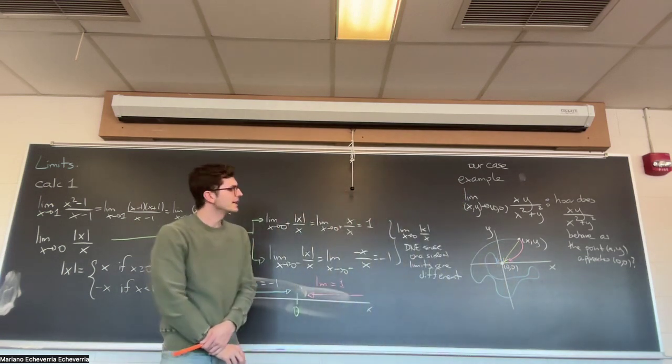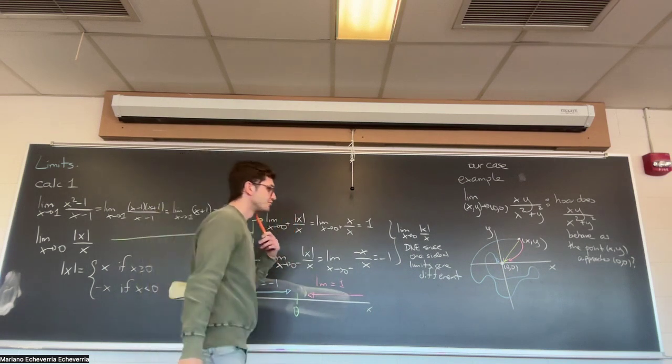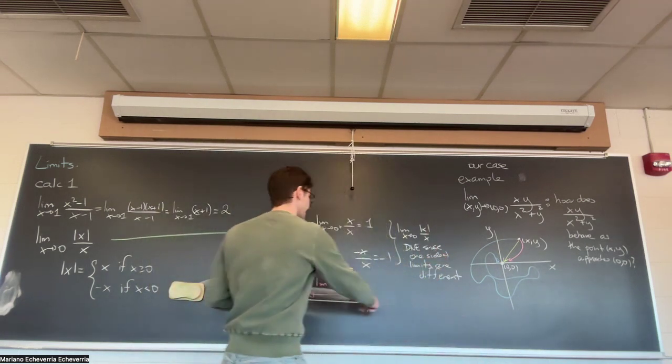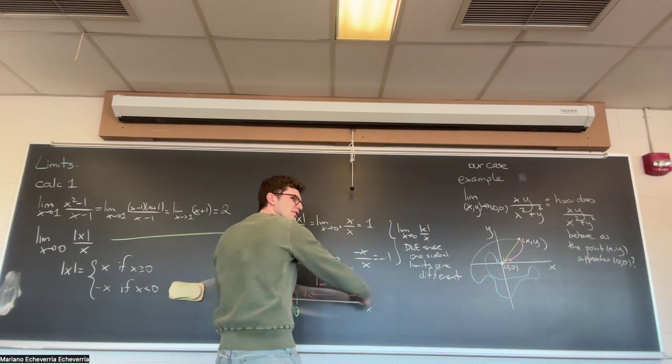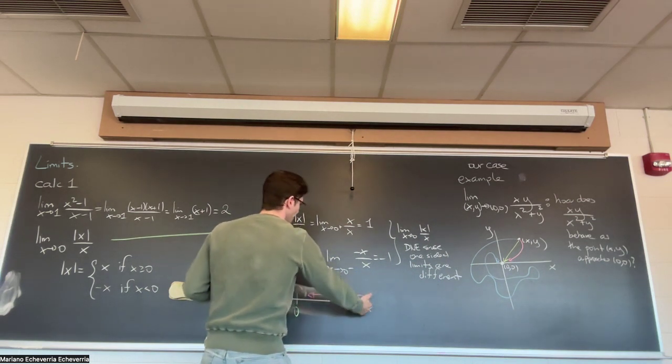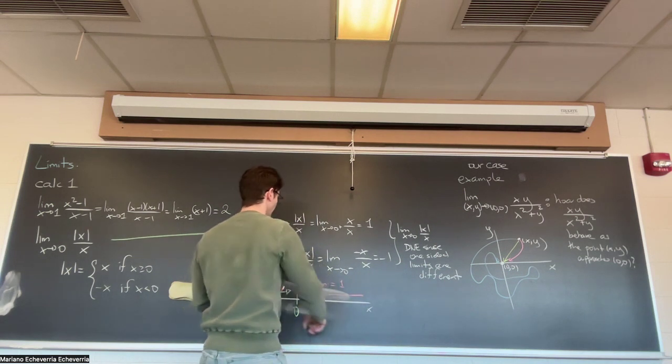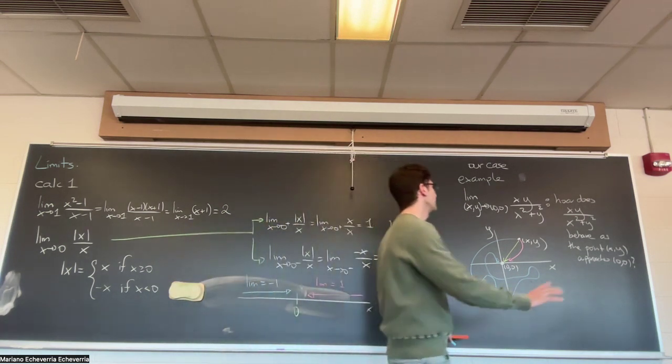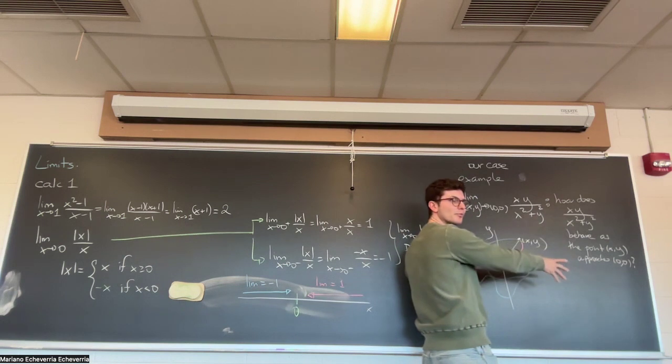So what I'm trying to say is that before, to connect a point to the origin, there's really only one way to do it, depending on whether the point is to the left or to the right of zero. But here, there's so much more room.